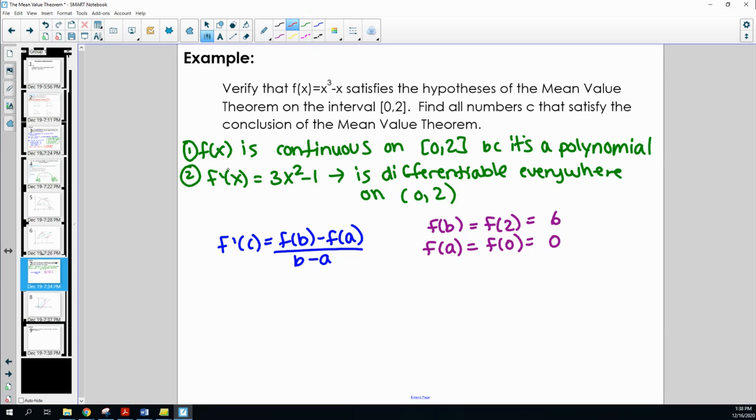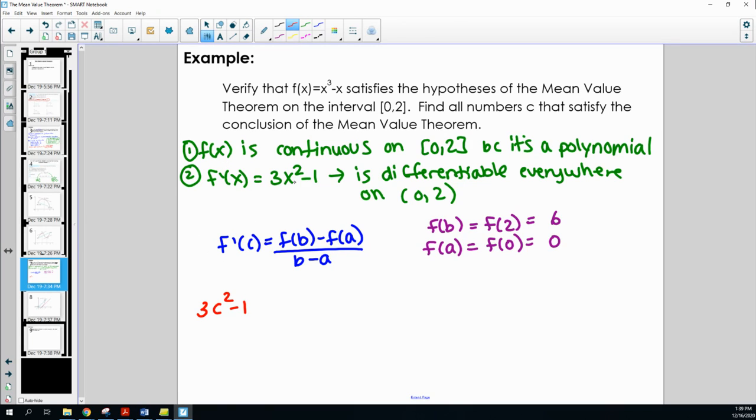So what I'm really going to do here is just plug this stuff in. I already found f prime of x, right? That's 3x squared minus 1. So x and c are interchangeable. We had x as our variable, and they're calling it some number c. So you can use x or you can replace x with c. So I'm just going to replace it so it makes sense in this conclusion. So 3c squared minus 1, right? That's the derivative evaluated at c.